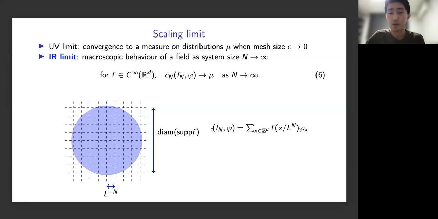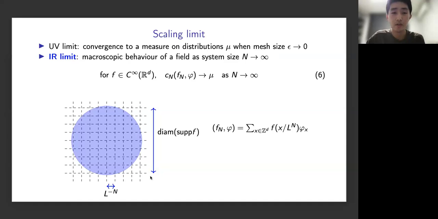And for example, we can define the inner product of f_n and phi as the sum of f(x over L to the n) phi(x). And we can think about what this converges to, what type of distribution this has as n goes to infinity.